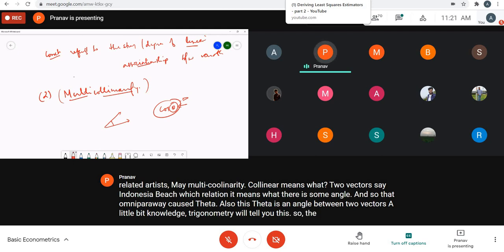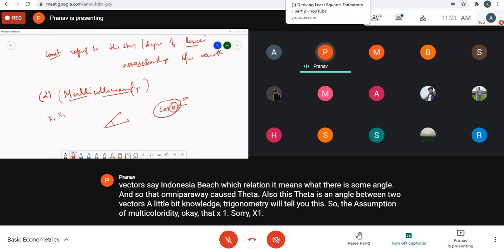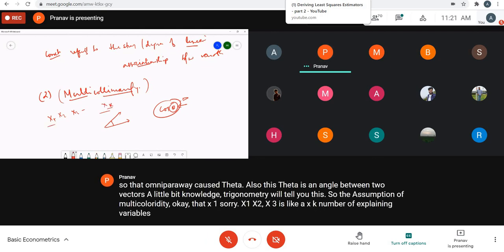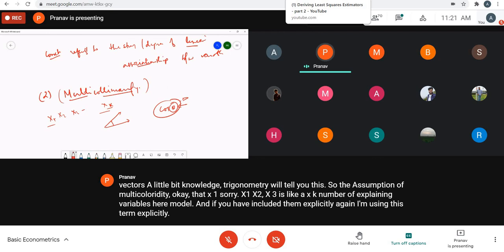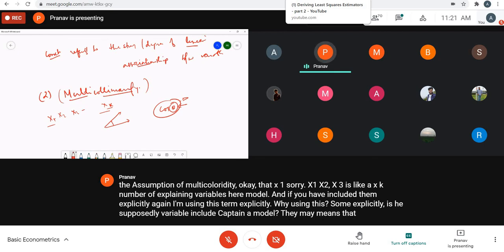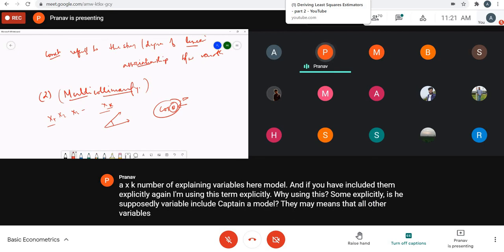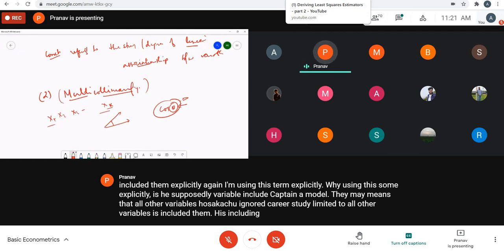So the assumption of multicollinearity क्या बोलता है आपको कि अगर x1, x2, x3 से लेके xk number of explanatory variables है आपके मॉडल में, and if you have included them explicitly, again I'm using this term explicitly. Why I'm using this term explicitly is कि suppose एक researcher ने सिर्फ दो ही explanatory variable include किया अपने मॉडल में, it means that all other variables, हो सकता है जो वो ignore कर गया, हो सकता है जो उसकी study limited हो, all other variables he's including them in the error term.